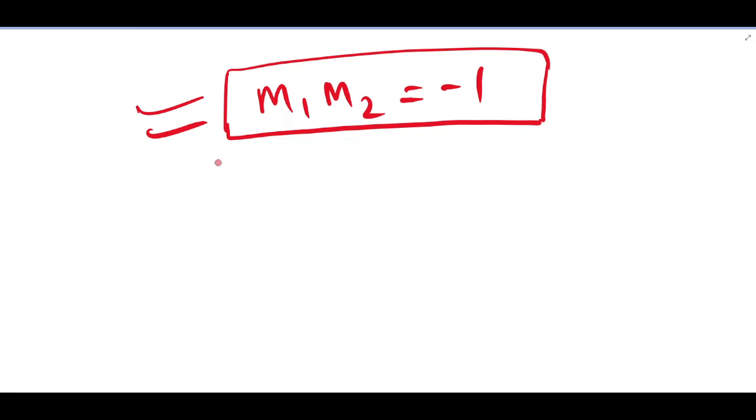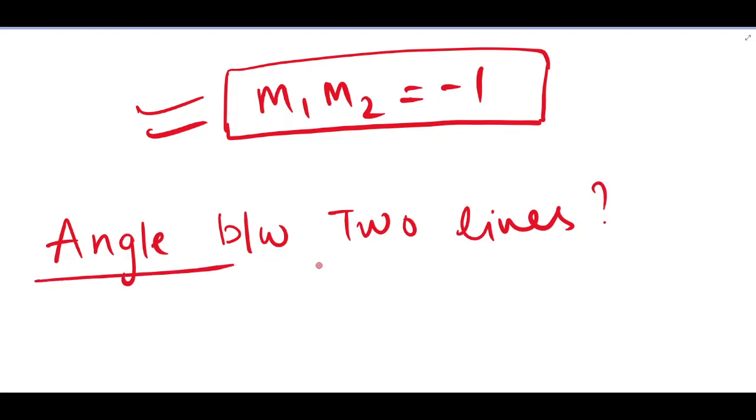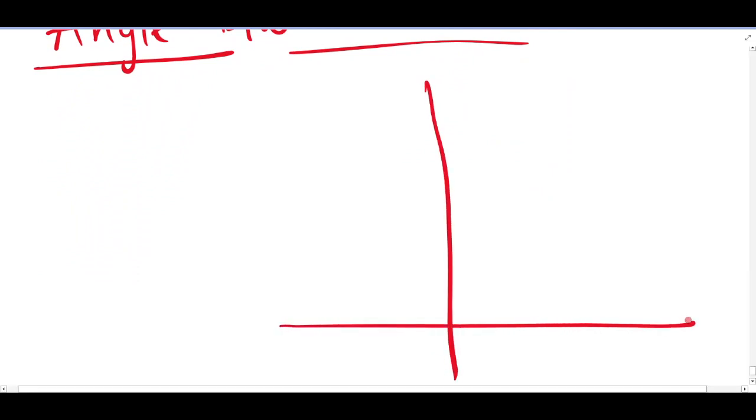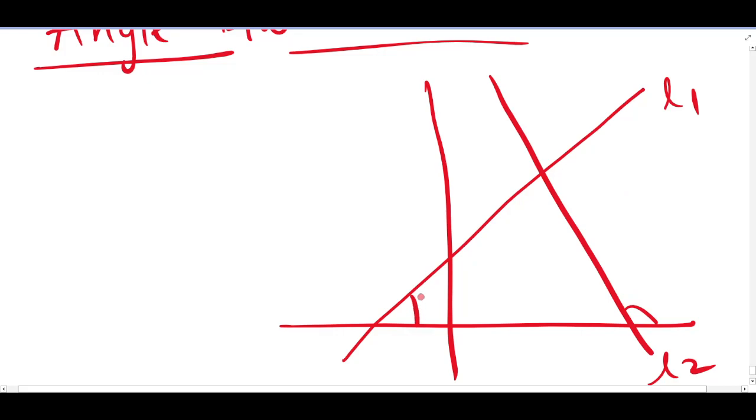Next is the angle between two lines. Consider a Cartesian system where we have two lines. This is line L1 and this is L2. L1 has an inclination angle of alpha and L2 has an inclination angle of beta, and this is the angle between the two lines, theta.